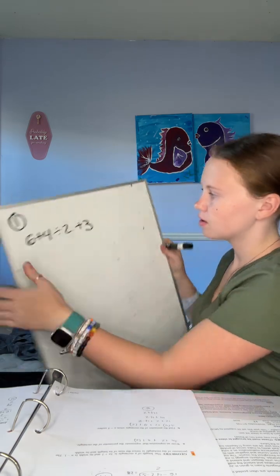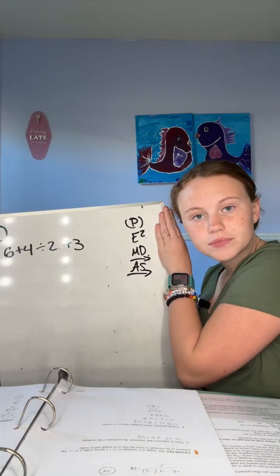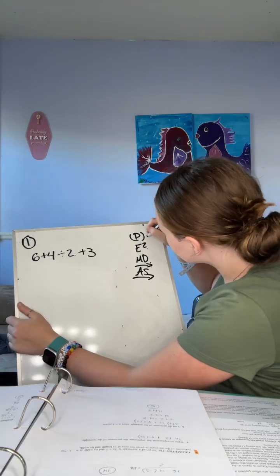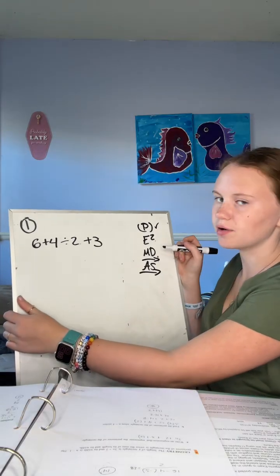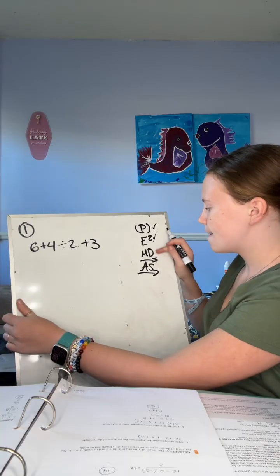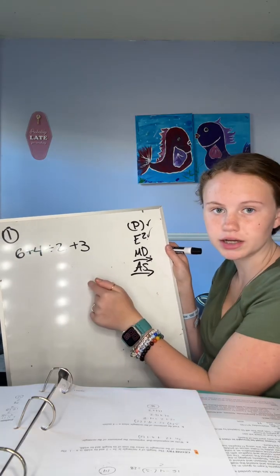So, following PEMDAS, right, we start with parentheses. Now, we don't have any parentheses here, so we can check that off. Exponents. Once again, we don't have anything here, so we can check that off. Multiplication and division from left to right.